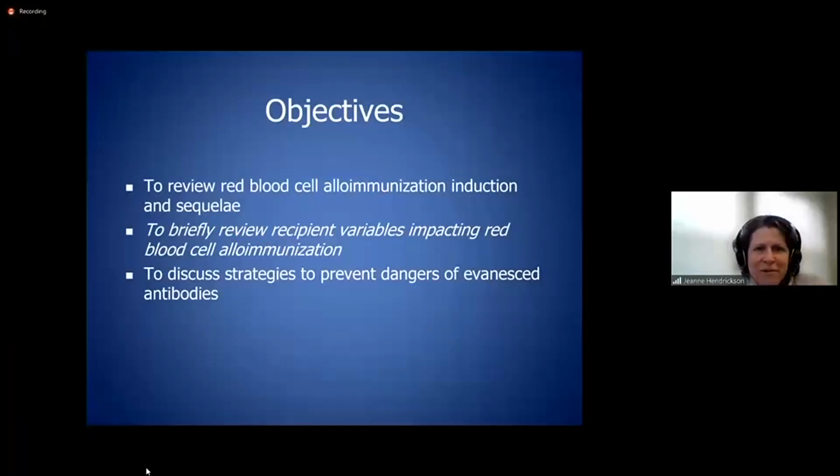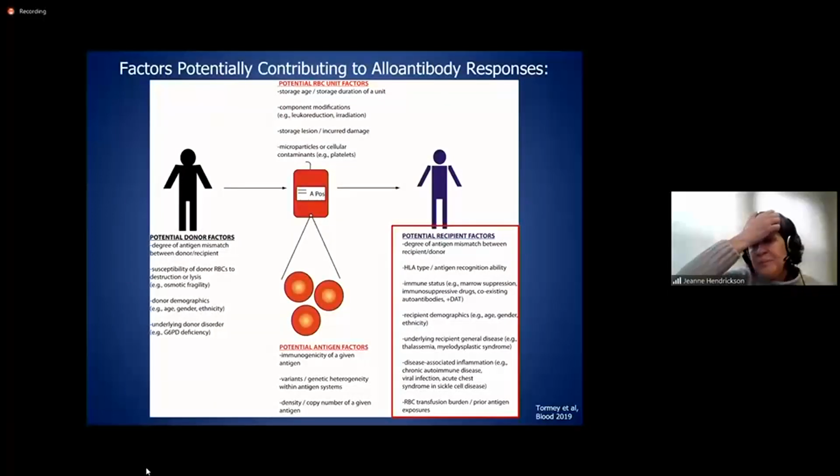All right, so very briefly moving on to recipient variables impacting alloimmunization, which is what I've spent a large time of my research career studying. This slide shows many factors. We don't have time to go over them all, but you can imagine there are factors on the blood donor side. There are potentially red cell unit factors like leukoreduction, irradiation, storage duration.